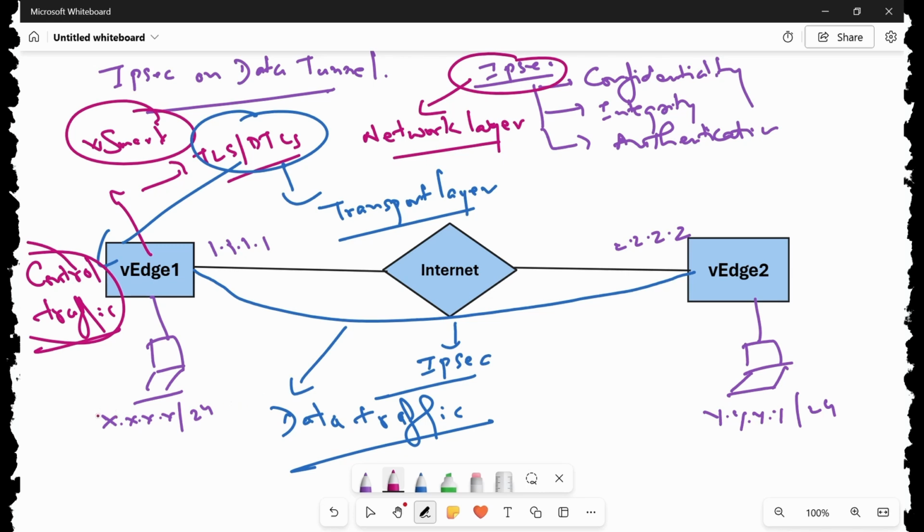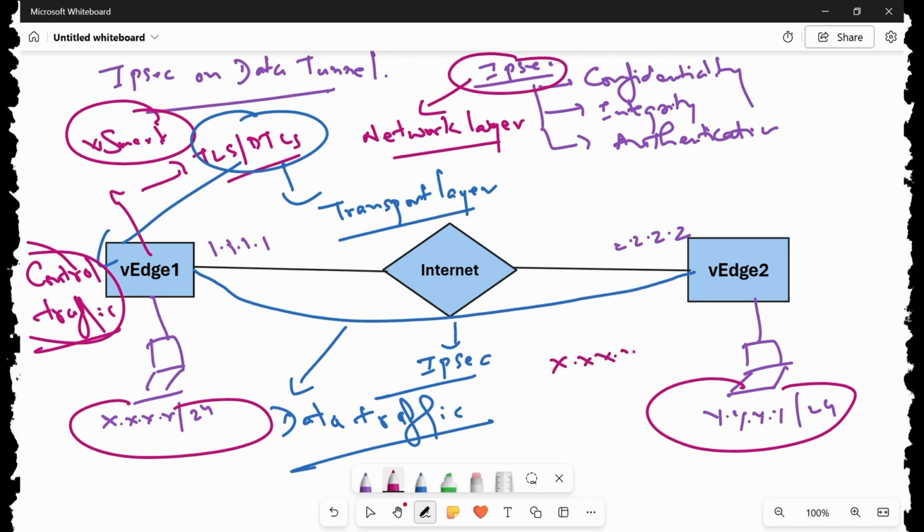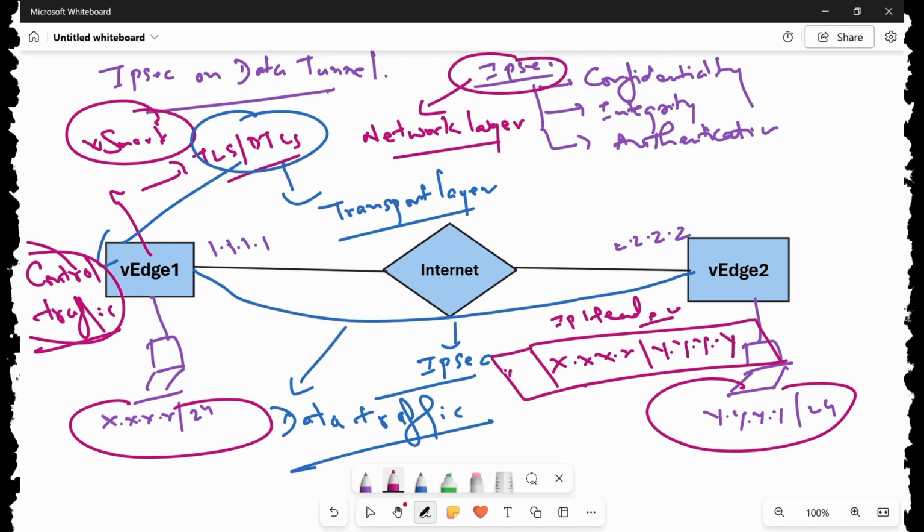So an IP header having a source IP of x.x.x.x and destination IP of y.y.y.y. This IP packet will include a header of AES, Advanced Encryption Standard, for encryption.